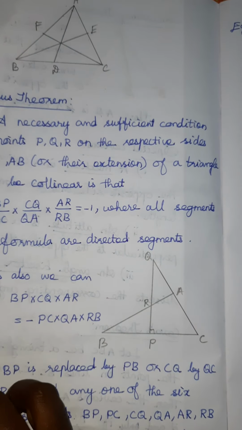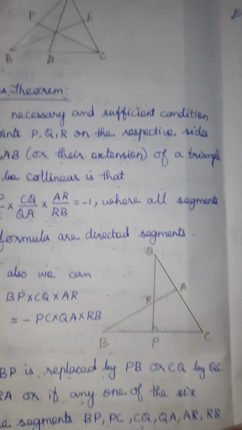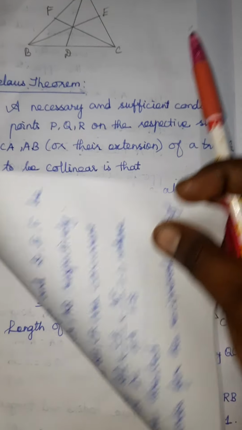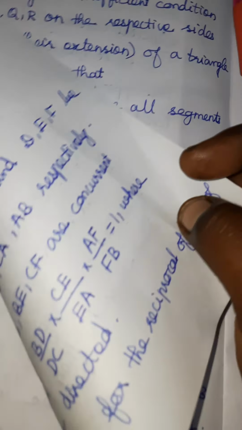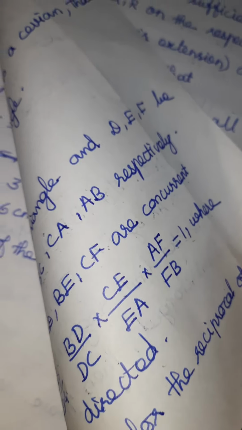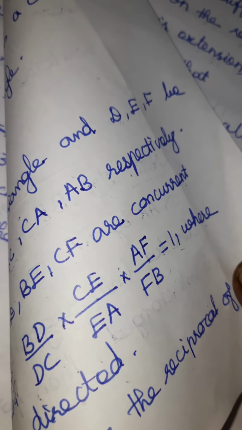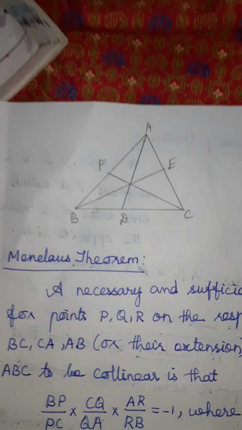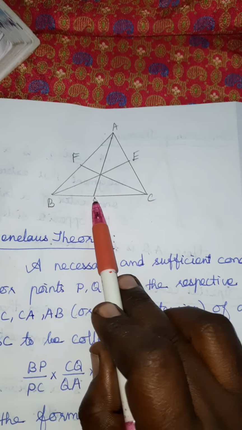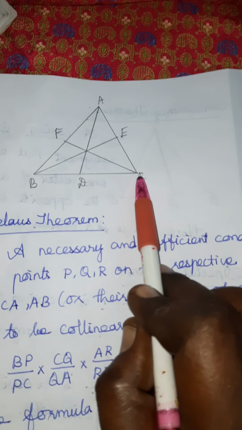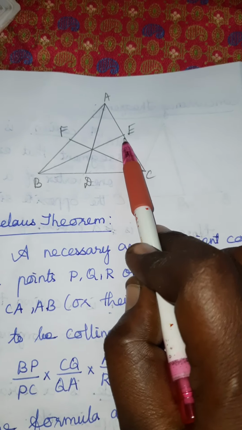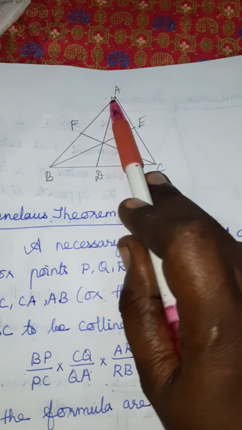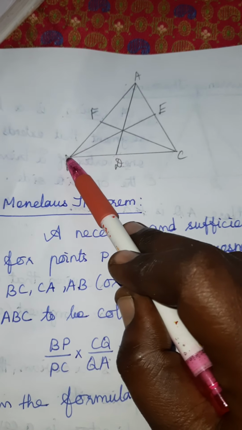How the ratio is given: BD divided by DC is equal to CE divided by EA is equal to AF divided by FB. Now you see the order, BD divided by DC, CE divided by EA, AF divided by FB.